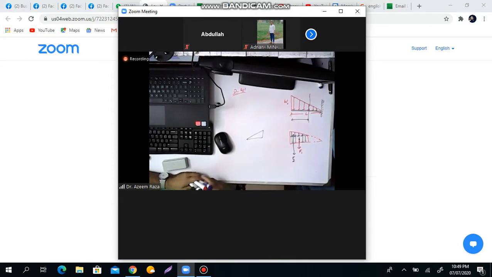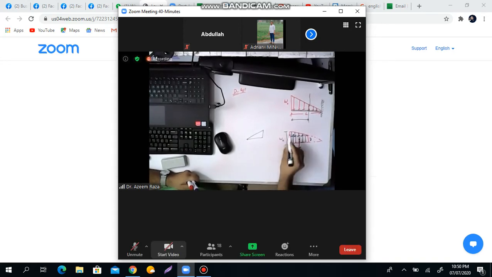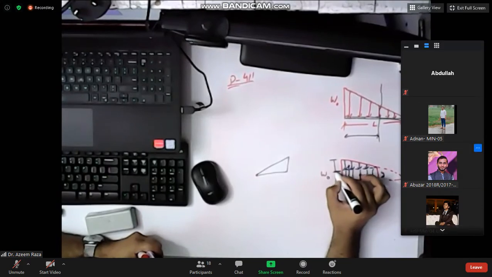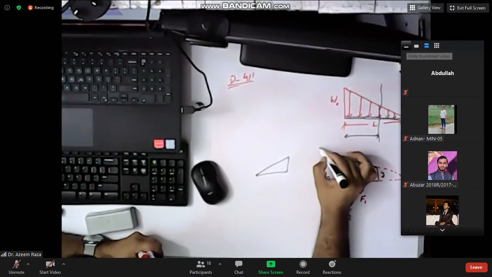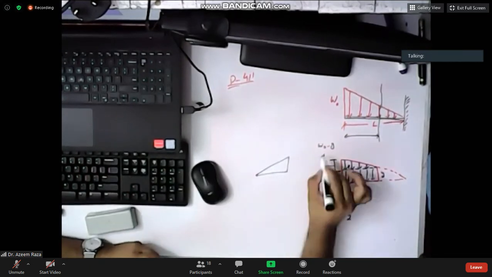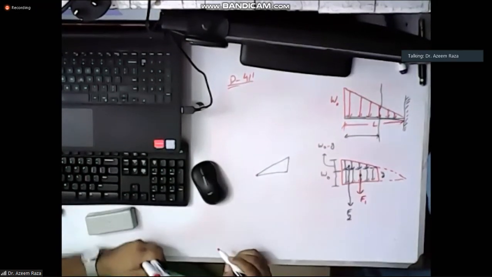So this triangle would have two components. There's a side of this that would be, let me call it the Y side, and this total side is W0. So I can see that the maximum load on the triangle side would be W0 minus Y, right?